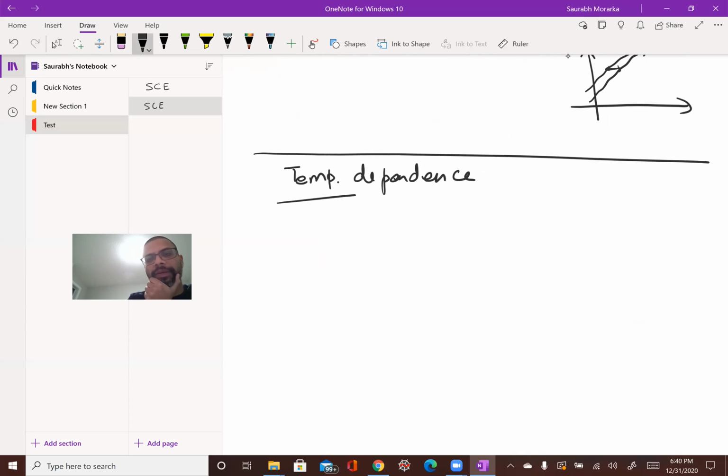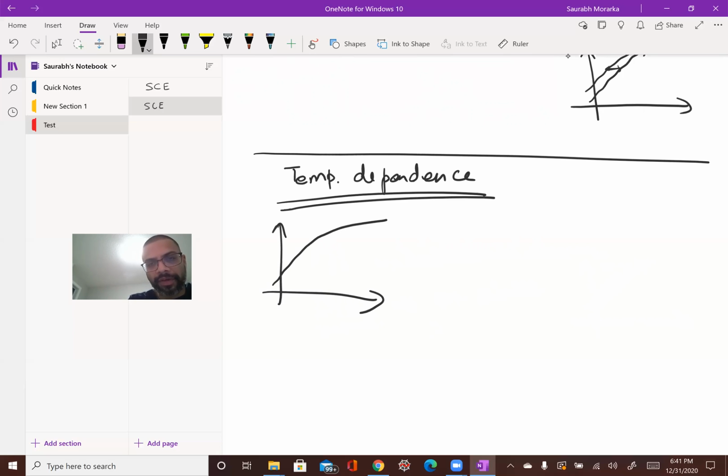Temperature dependence is an important feature, and it's important to know to understand the temperature dependence of the subthreshold slope. Say, it's important to know how the current is flowing in the off state where these things are being measured, right?